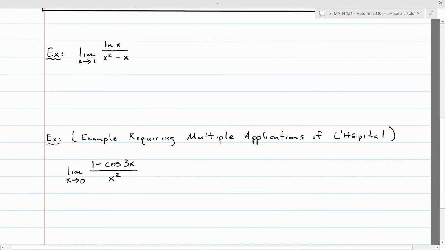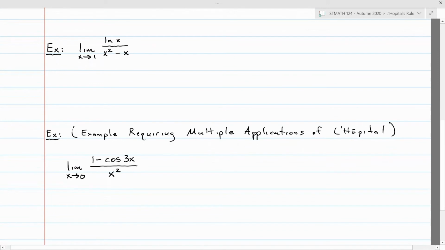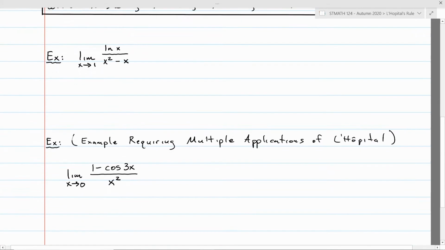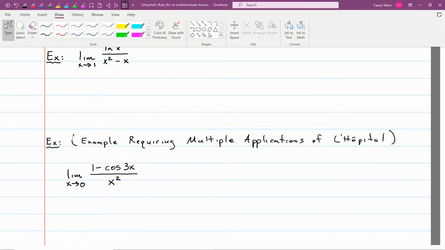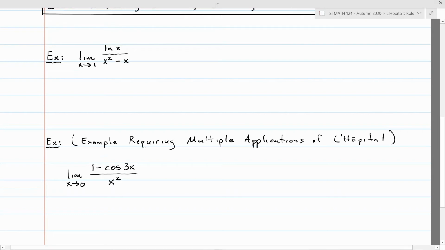Okay, in this first example here, we want to take the limit as x approaches 1 of natural log of x over x squared minus 1. Now, those functions are differentiable, and when I do direct substitution in the numerator and denominator, I see that this really is 0 over 0, because natural log of 1 is 0, and then 1 squared minus 1 is also 0, so you get 0 over 0 upon direct substitution.